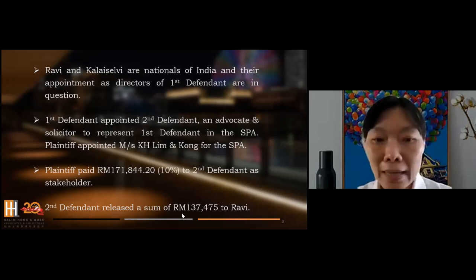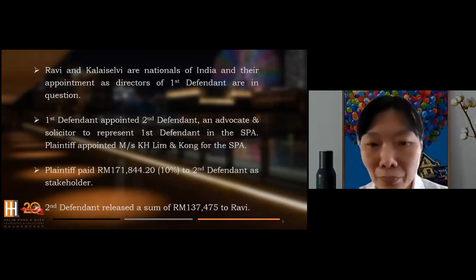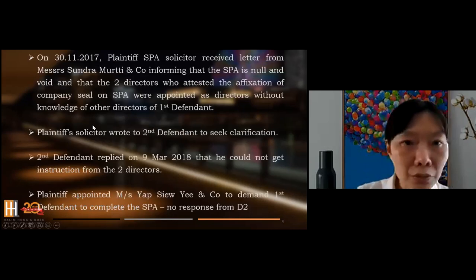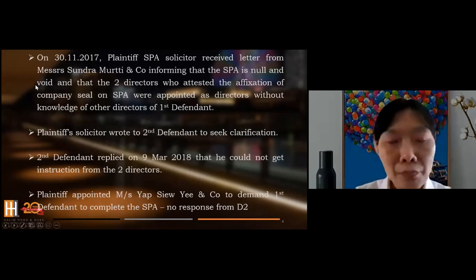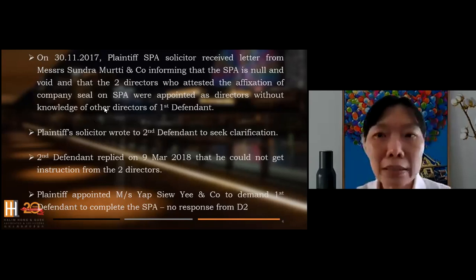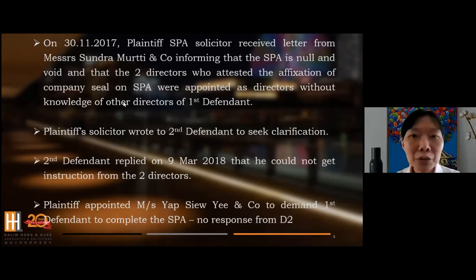The plaintiff paid 10%, 171,000, to the second defendant as the stakeholder. Part of that sum, 137, was released by the second defendant to Ravi. Then on 31st November, the plaintiff's solicitor suddenly received a letter from another law firm, Sundramurti and Company, informing that the sale and purchase was null and void.